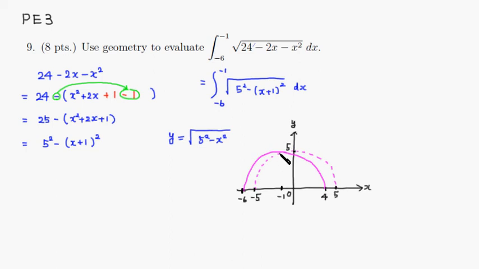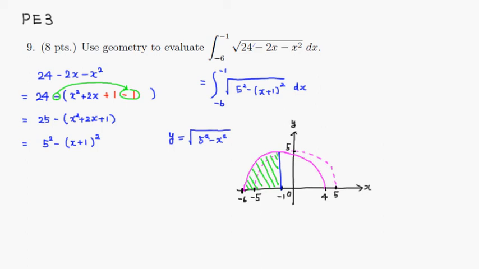We're looking at the region under the semicircle from -6 to -1. We're looking at this region right here, -6 to -1. So this is just a quarter disk with radius 5.